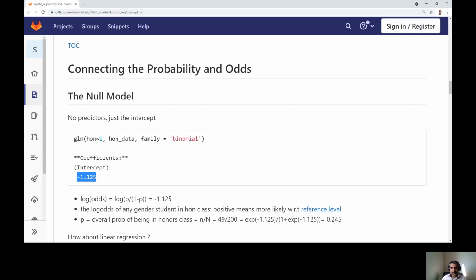If we put minus 1.125 in the equation that we just looked at, we get 0.245, which is the probability.